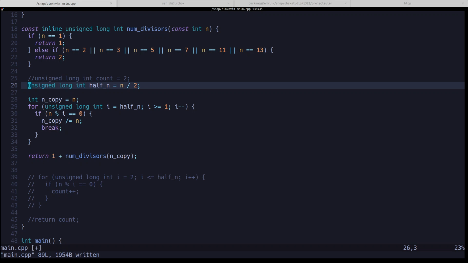But it would avoid having to test every single value and reduce the amount of work that we have to do, I think.